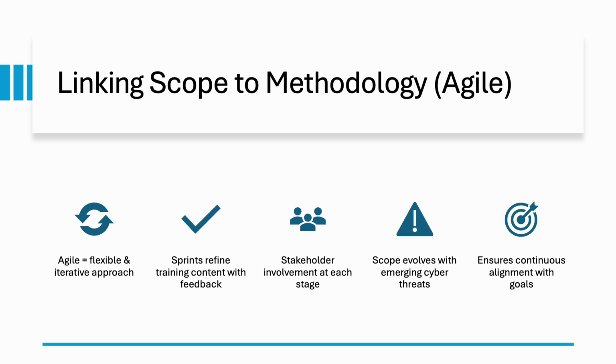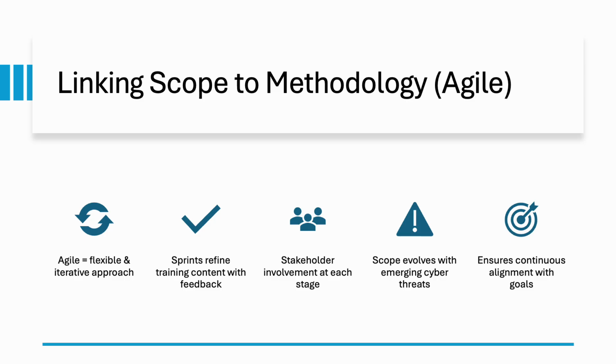Finally, linking scope to Agile methodology aligns with the organization's broader objectives of efficiency, compliance, and engagement. Using Agile, the project team demonstrates its ability to deliver value incrementally, adapt to new risks, and keep stakeholders actively engaged. This not only ensures that the project scope is met, but also increases the likelihood of long-term program sustainability.